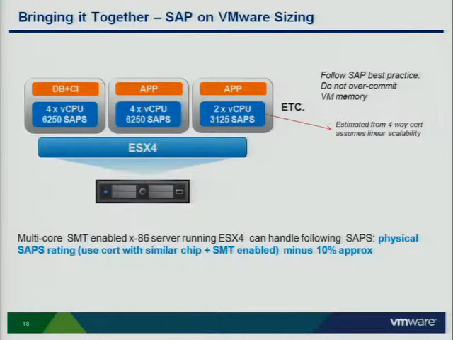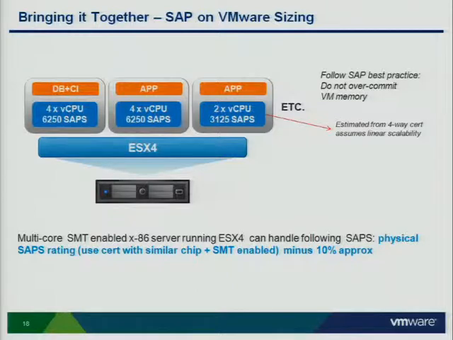Now, each hardware vendor certifies their x86 server with SAP, running the SAP benchmark kit. Typically they run a physical benchmark and produce a SAPs rating for that server. That rating is on a public website from SAP, www.sap.com/benchmark. You can get the SAPs rating for the physical x86 server.